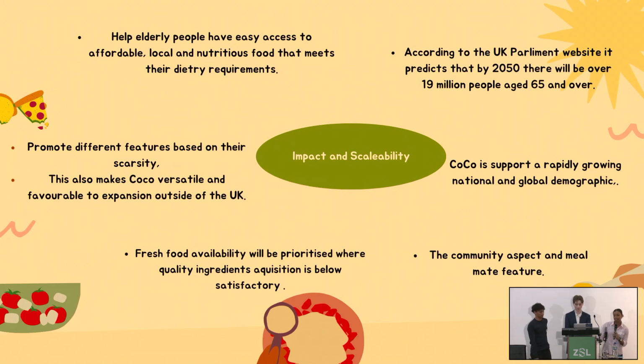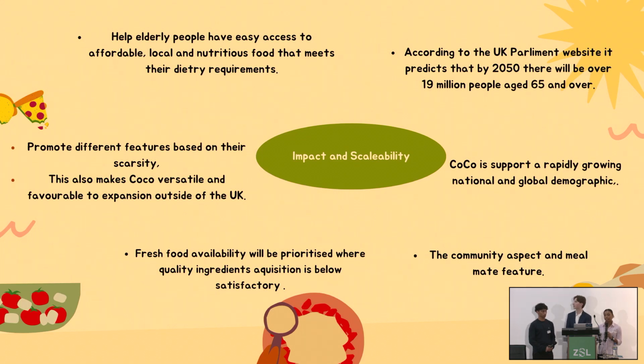Impact and scalability. Coco has different features that can be useful in different countries, especially we're thinking of maybe expanding it more globally, not only in the UK. The fact that we can make it versatile is very advantageous to target not only the UK older population, but worldwide.